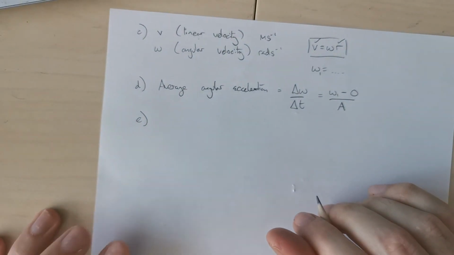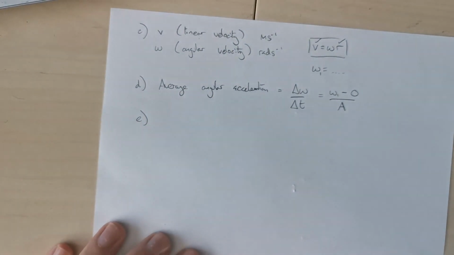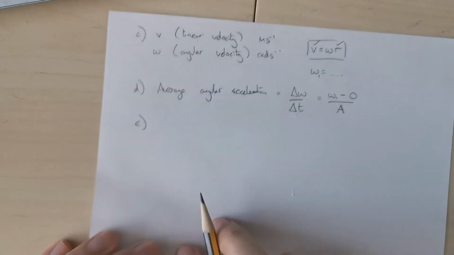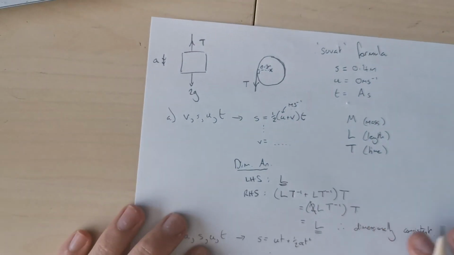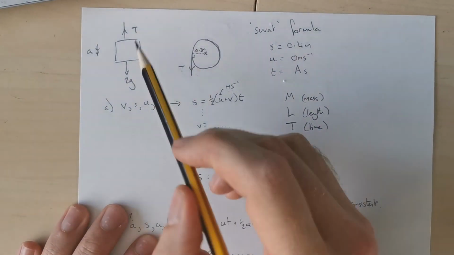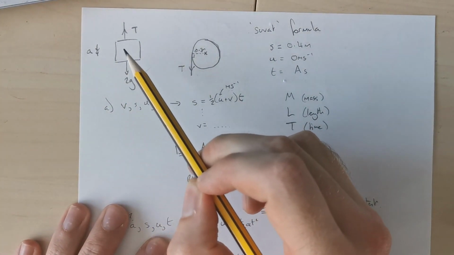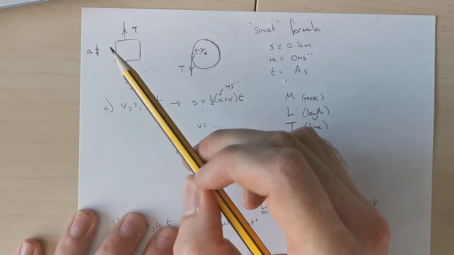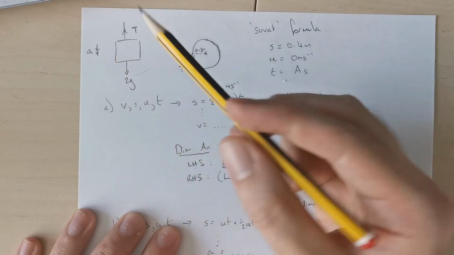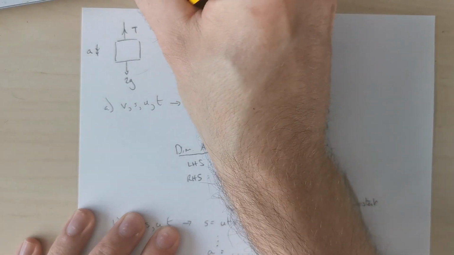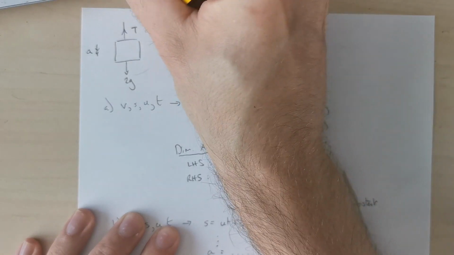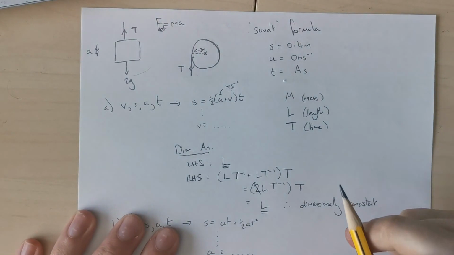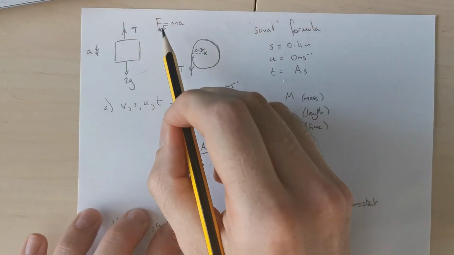Part E, the tension force in the cable. So if we consider the diagram for the load, looking at this diagram here, if we consider the forces that are acting and the fact that there's an acceleration taking place, that means that the law F equals ma, or F net equals ma, must be abided by.